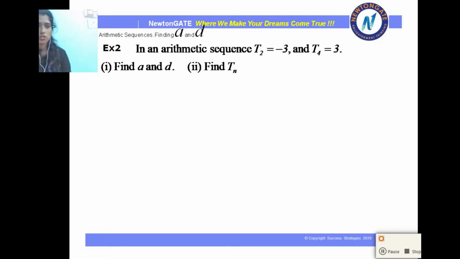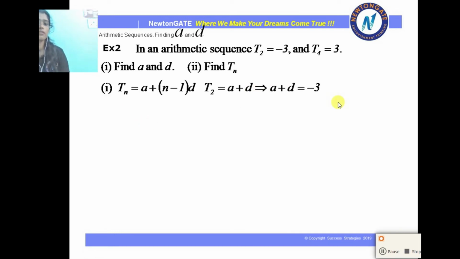So T2, what will happen? Just use the general formula. T2 is A plus n minus 1 D, which is A plus D, and that is equal to minus 3. Then comes T4, that means A plus 3D is equal to 3.